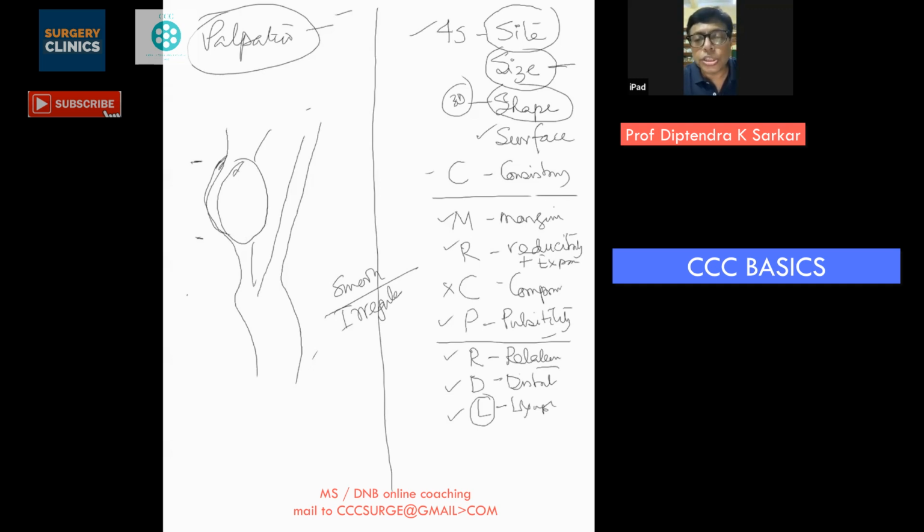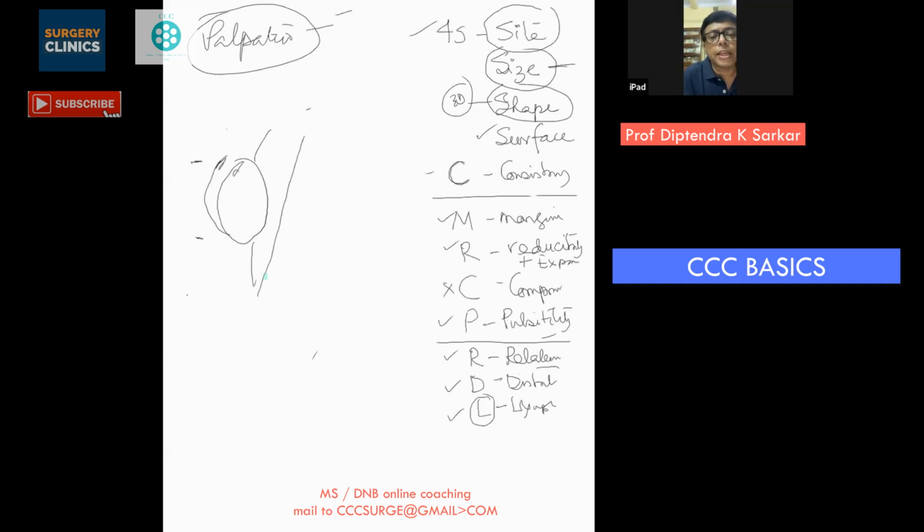Now coming to consistency. Try to understand that consistency has certain categories. When you are describing a swelling like this, it can have various consistencies. Number one, cystic.